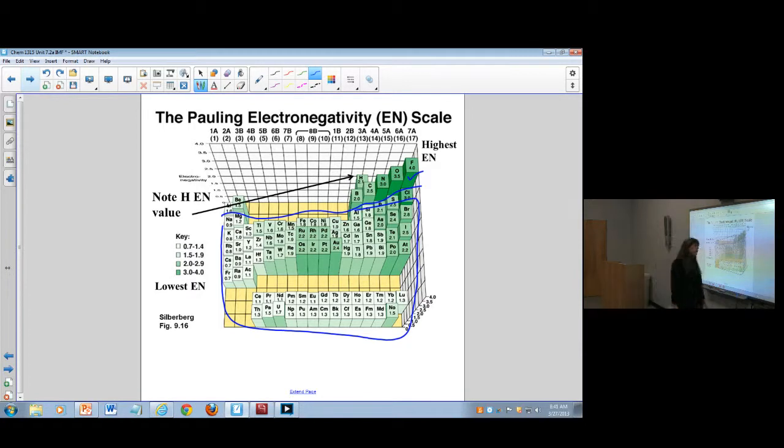And also, on our trends, remember our trends, so we might begin with lithium as an atom, pretty big compared to fluorine as an atom, because they get smaller as you go across the periodic table. So atoms decrease across the periodic table in size.